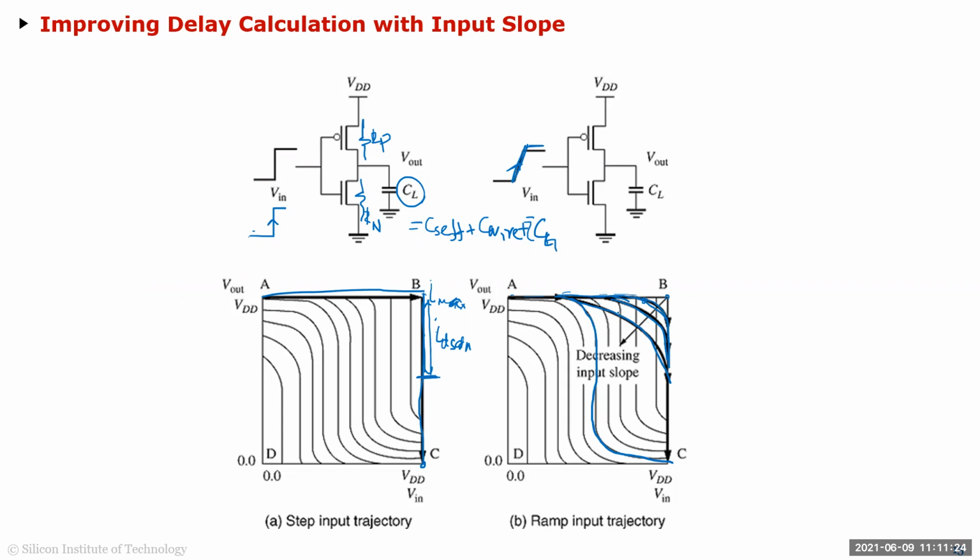Because if your input is really, really slow, this I out, which we considered ID sat, is going to be lower than that. So what we have been considering is I max. But if you have a finite rise time, then it is going to be less than that. How much less? It's a little bit complicated, right? So that's why I'm showing you graphically to give you a feel for why it is slower.